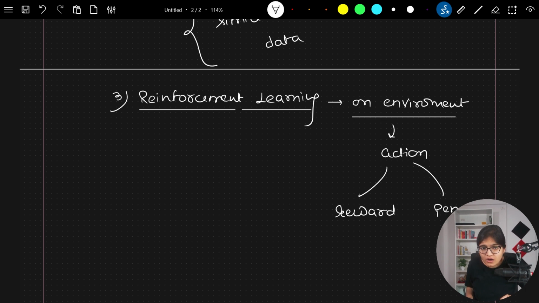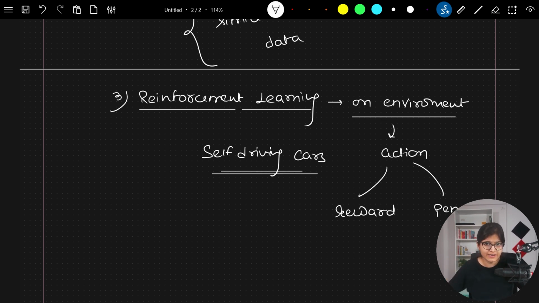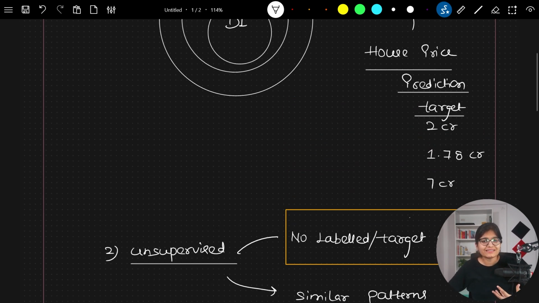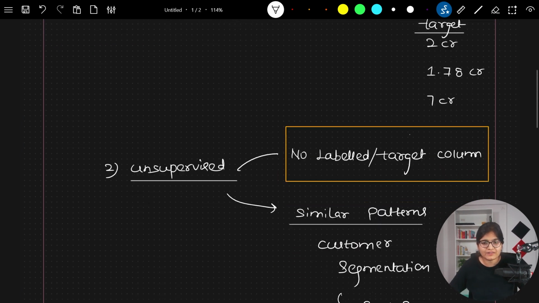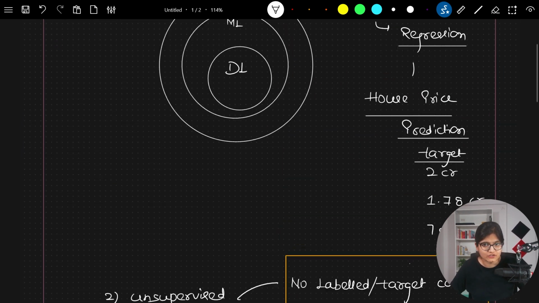Whatever self-driving cars you are seeing today, or there will be a boom of self-driving cars after some point of time as well, in that particular case, this reinforcement learning is used. So in this way, there are three important categories of machine learning, which we are starting today. One is supervised, another is unsupervised, and the third is reinforcement, with their applications, right?